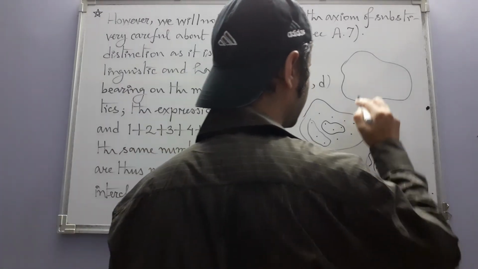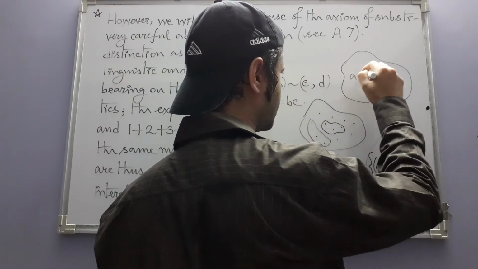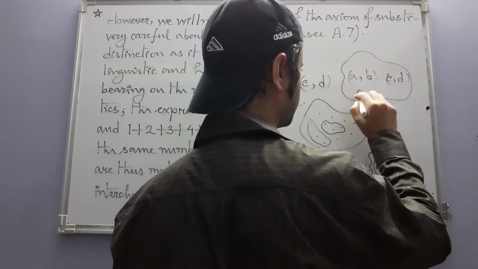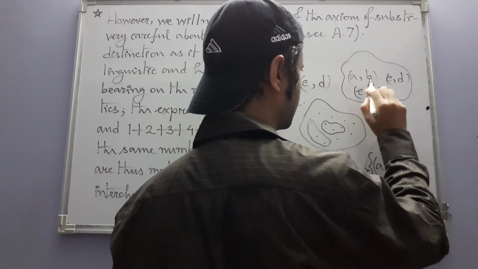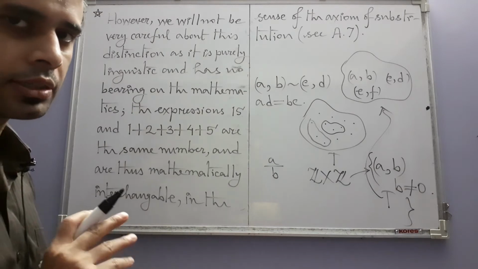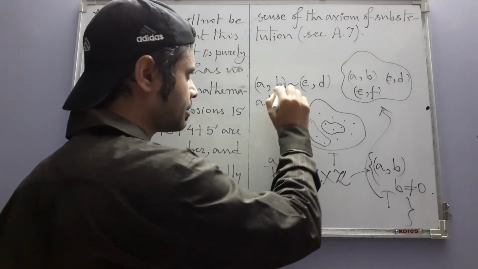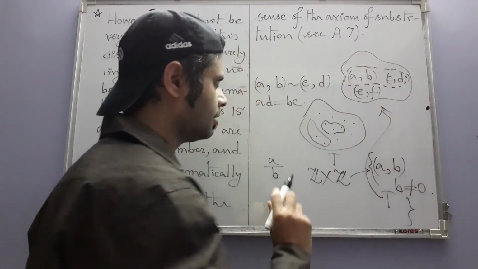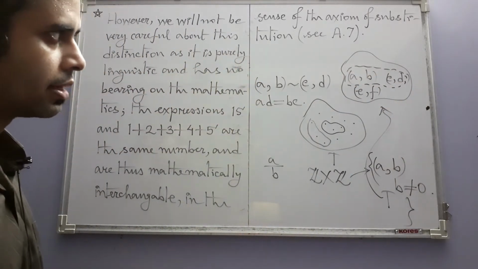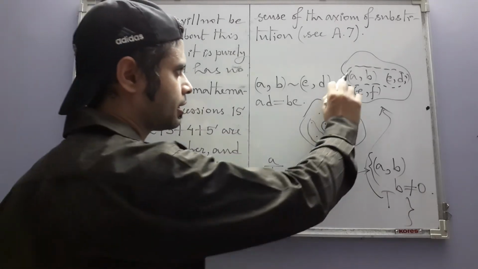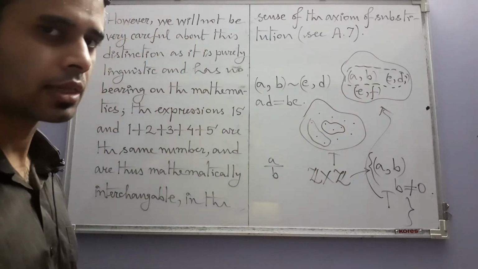So if you are thinking of these ordered pairs (e, f), say, where these are ordered pairs of integers where the second coordinates are all non-zero, then this relation defines an equivalence relation on this set.